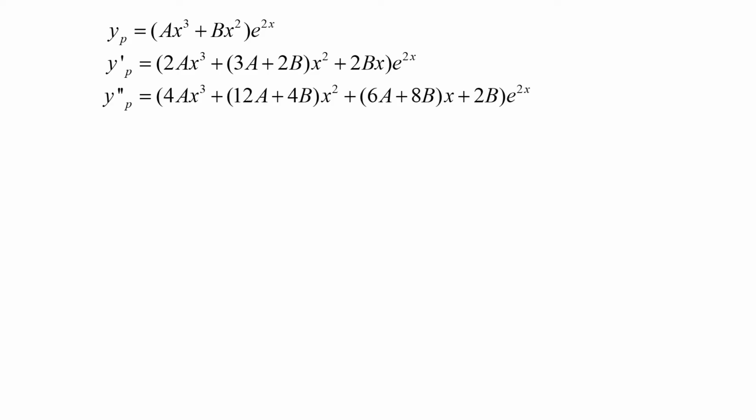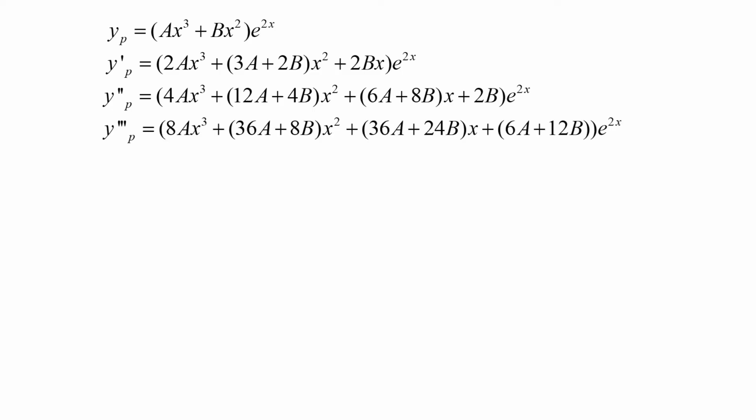Yp double prime is going to equal (4ax cubed plus (12a plus 4b) times x squared plus (6a plus 8b) times x plus 2b) times e to the 2x. And then yp triple prime will be (8ax cubed plus (36a plus 8b) times x squared plus (36a plus 24b) times x plus 6a plus 12b) e to the 2x.